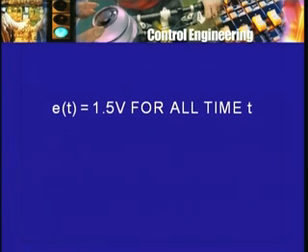So if I can say confidently about this cell that the voltage across it is going to be 1.5, no matter how long you go, no matter what the t is, then V equal to E of t, and in this case E of t equal to 1.5 volts, is a good model for the cell.